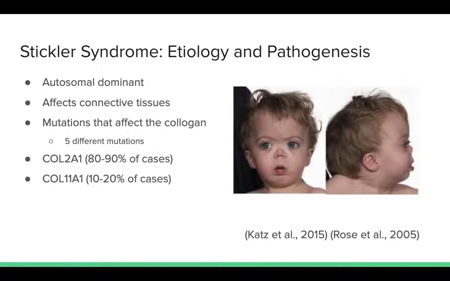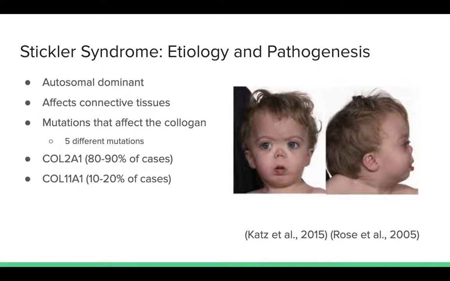COL2A1 is the most common mutation, with it being 80 to 90% of the cases, followed by COL11A1, which is 10 to 20% of the cases. COL2A1 has the gene which produces the most type 2 collagen.